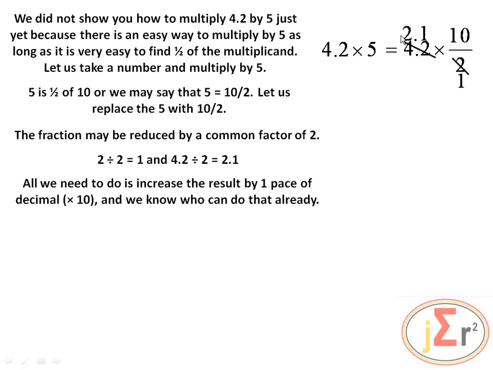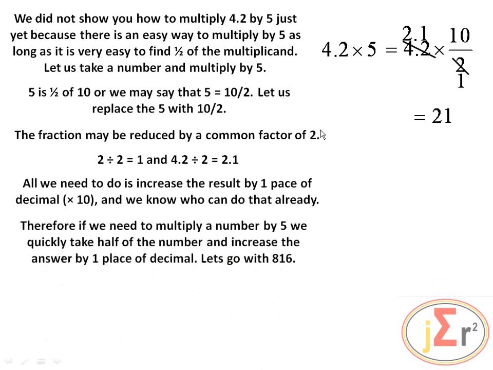So this 2.1 that we have right here, we will increase by 1 place of decimal, which is the same as multiplying by 10. 21. It is as easy as that. Therefore, if we need to multiply a number by 5, we quickly take half of the number and increase the answer by 1 place of decimal.